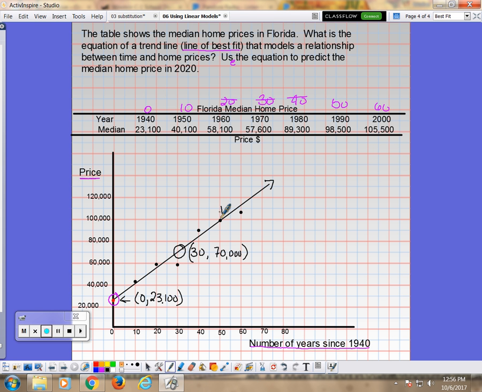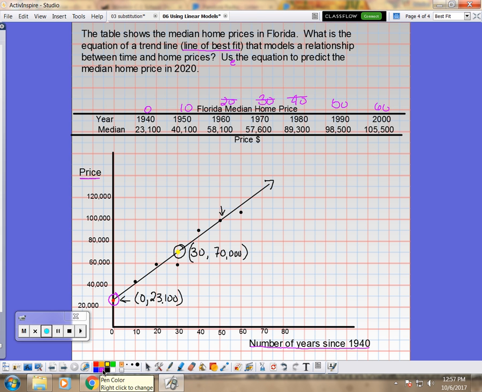Or I could use this point up here, which is 50 and 40,100. I'm going to go ahead and use this. The whole reason I'm using it is because it went through, let's use yellow, this intersection right there. So that's why I'm able to use it.